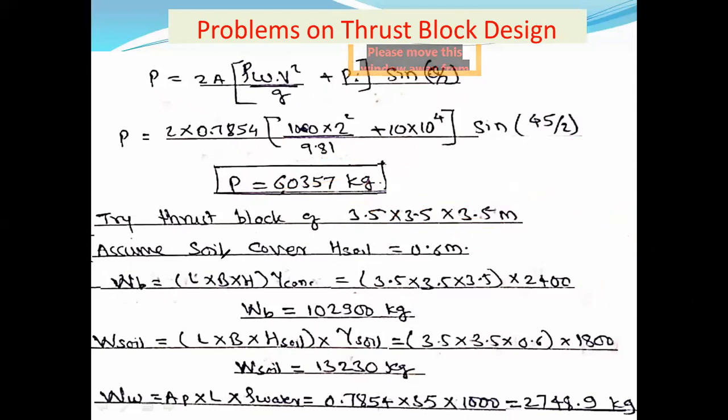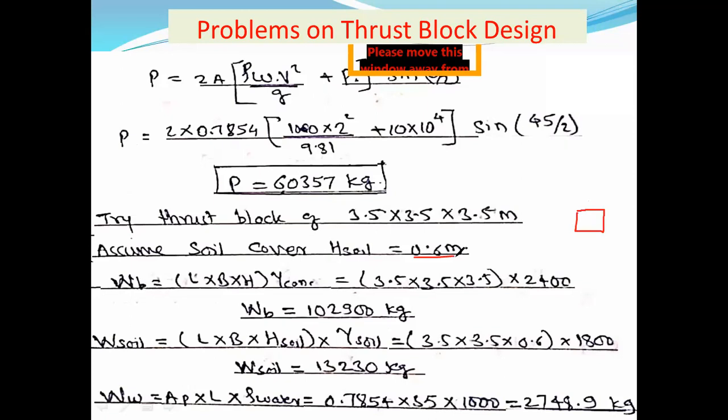Okay, now write down: try thrust block of 3.5 by 3.5 by 3.5 meter. Assume soil cover, that is depth of soil above the thrust block, as 0.6 meter.